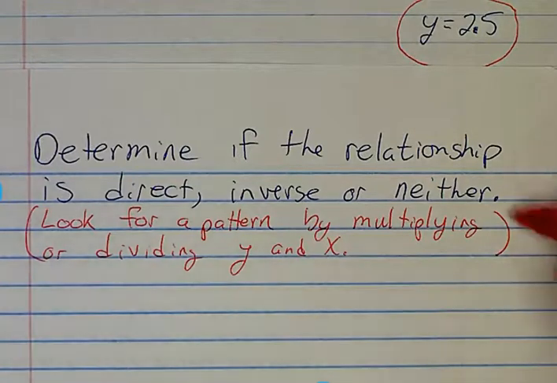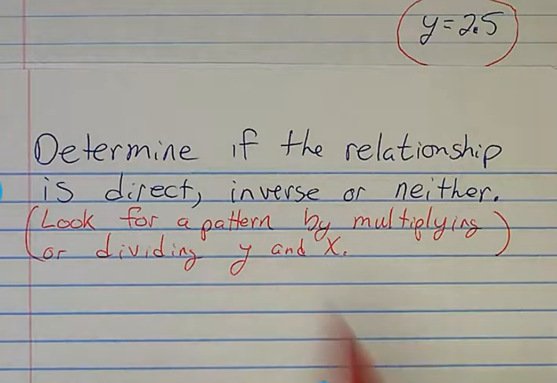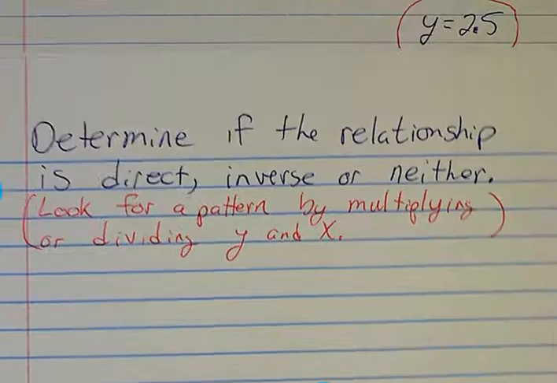So with the directions to determine if the relationship is direct or inverse or neither, all you're going to do is multiply the numbers together, the x's and the y's, or divide the x's and the y's. And you're going to look for a pattern. And that pattern is going to tell you which one it's going to be.